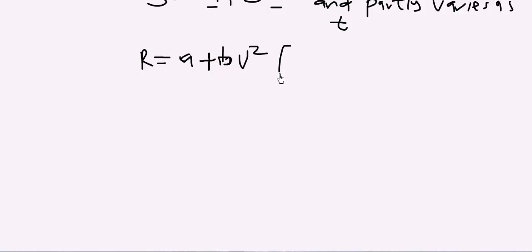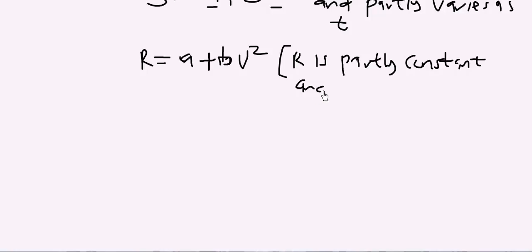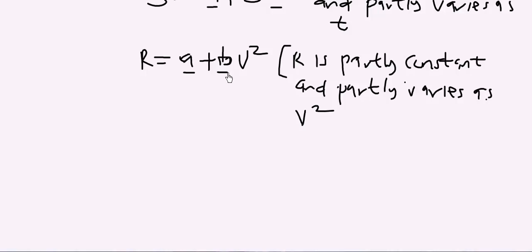This means R is partly constant and partly varies as V square. So in this case, we can see that we have two constants here, A and B, where A and B are constants.